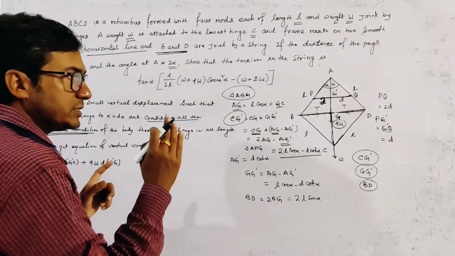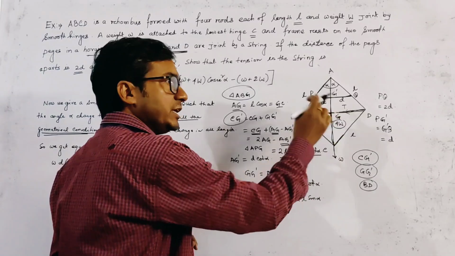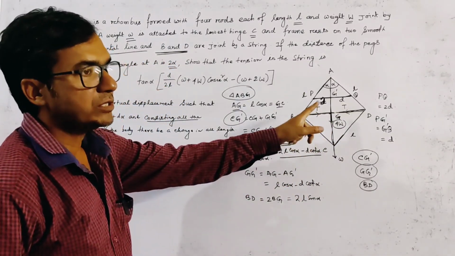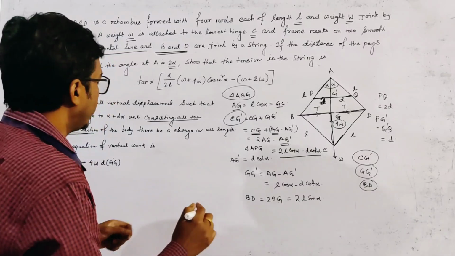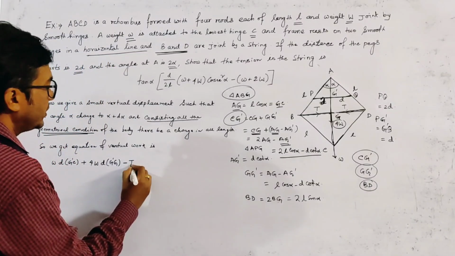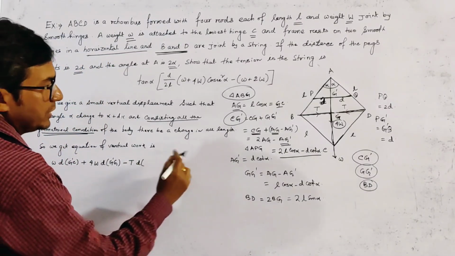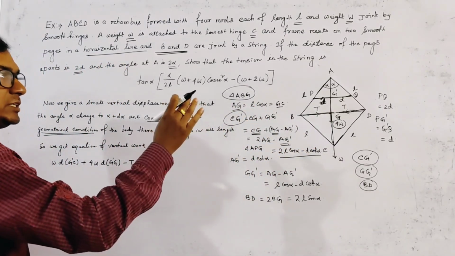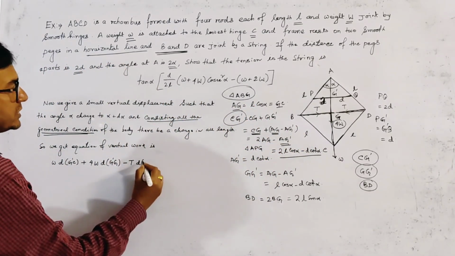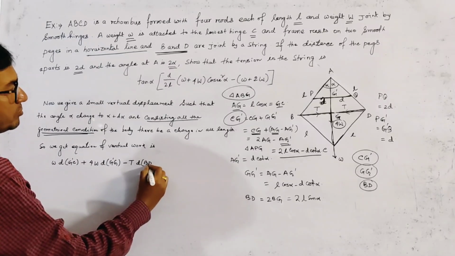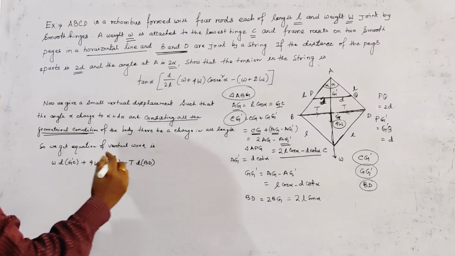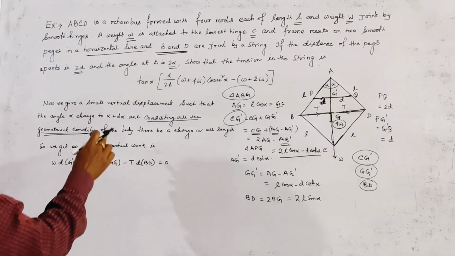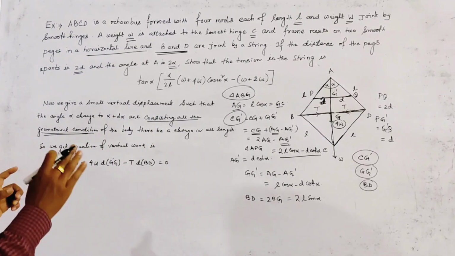And the last force, the third force, is the tension of the string, T. We already said that the tension force is always negative, but d of BD is positive because the length is increased in displacing the system. So this is negative, d of BD, and the sum must be equal to 0 in the equation of virtual work because no geometrical condition is violated.